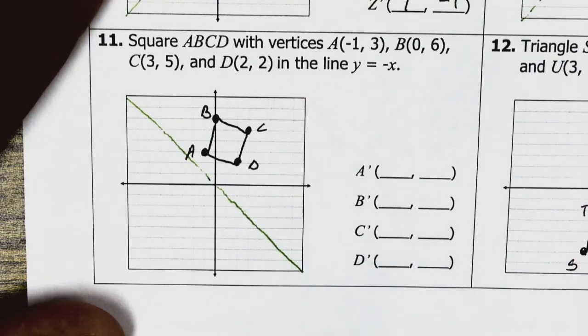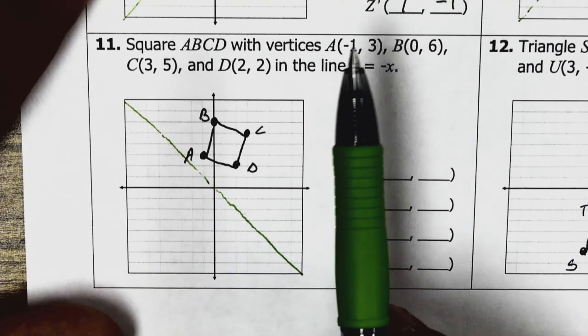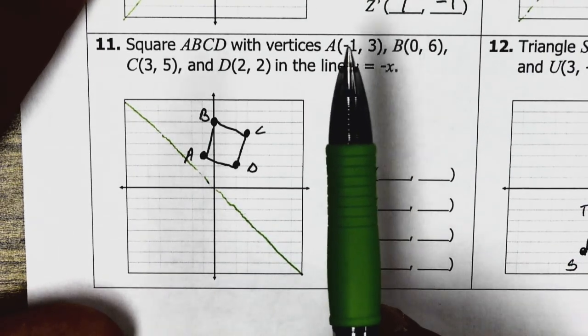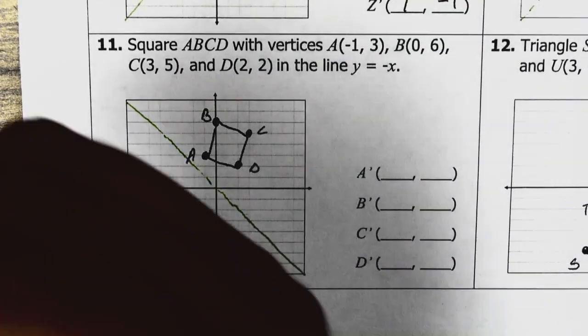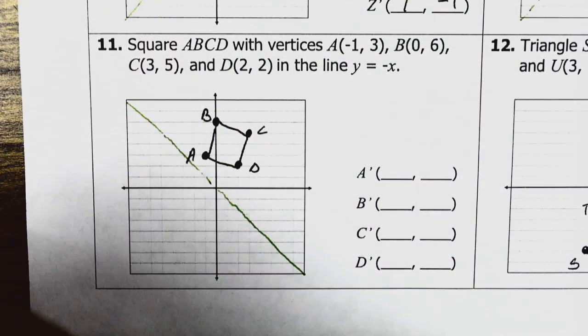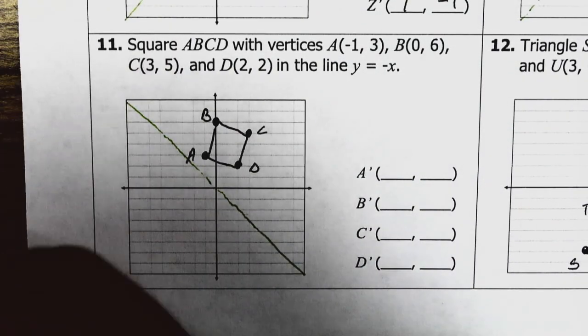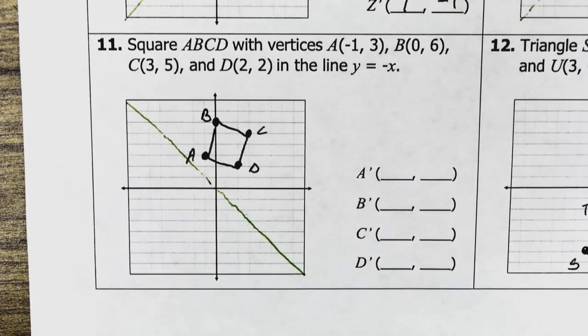There you go. All right, so it kind of works the same way where we're going to swap the two. However, there is a catch. Once you swap them, you do need to change the signs, which means if the original point was negative, you're going to make it positive. If the original point was positive, you're going to make it negative.